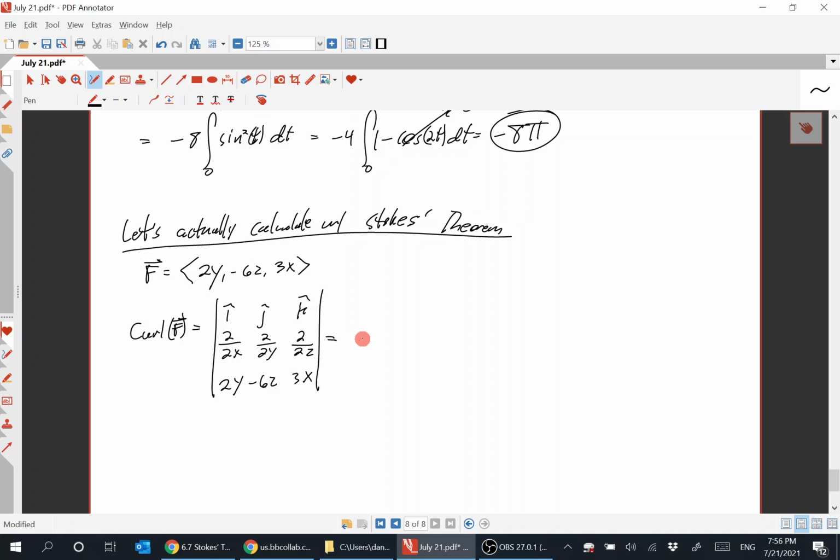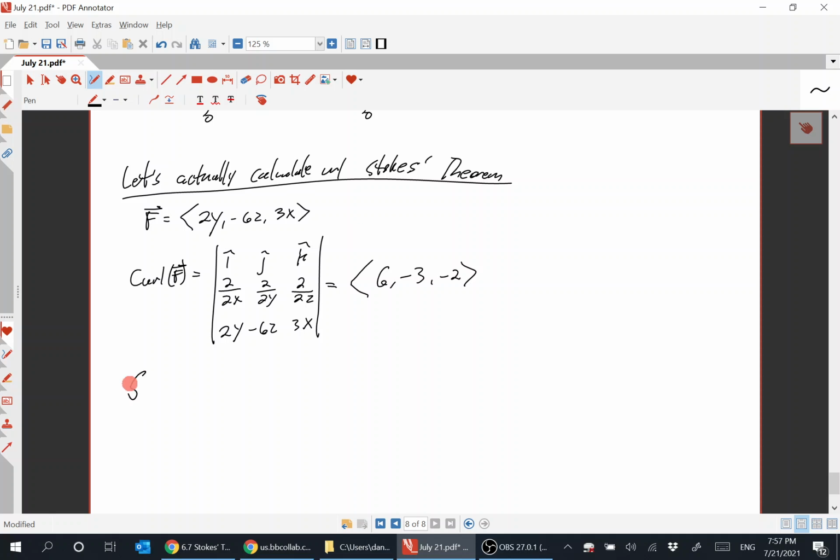Partial with respect to y of that is 0. Partial with respect to z of this is 6. Minus 6, and you're subtracting it, so you got 6. 3 minus 0, negate it. Now this is 0 minus 2. So that's the curl. Right, it's just a constant vector.